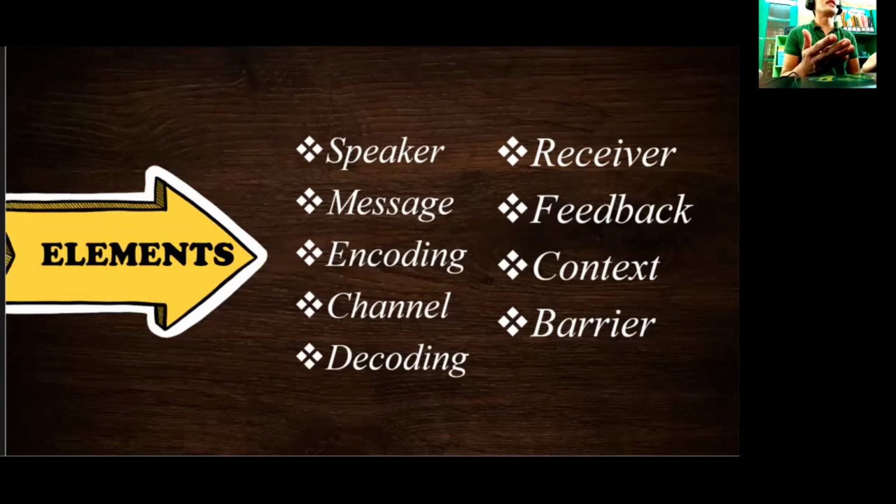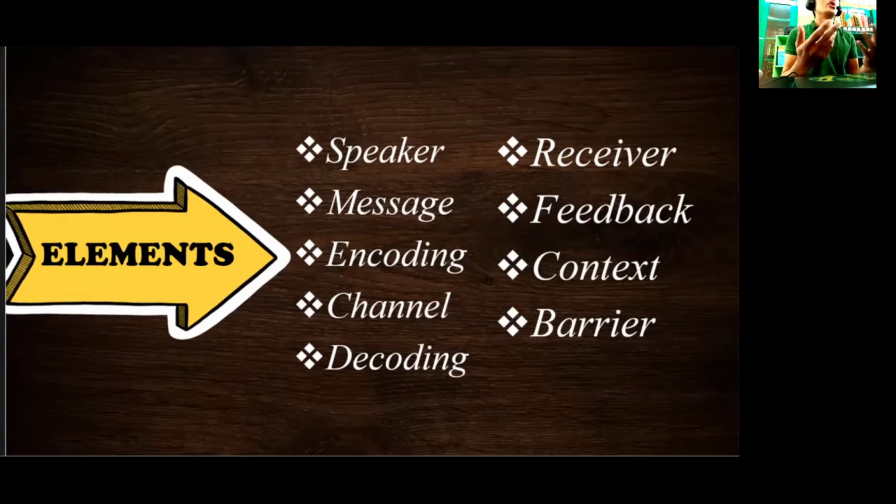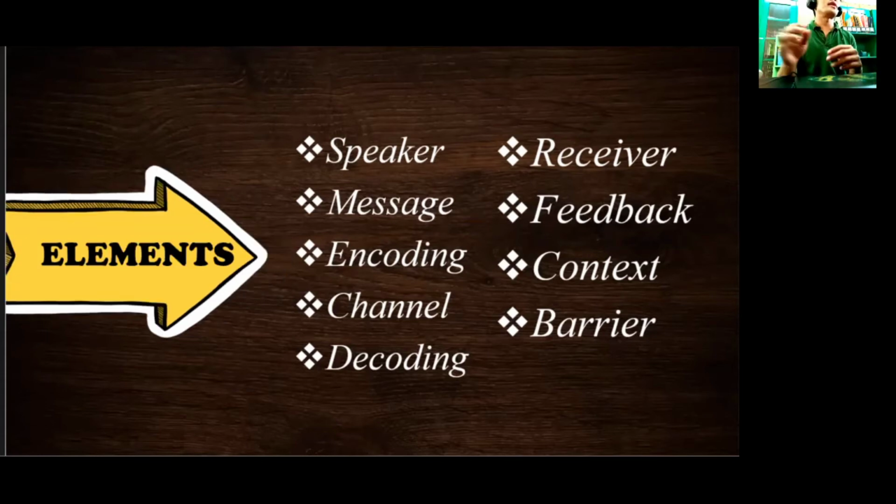So that's the context. Now, the last here is what we call the barrier. The barrier is simply the factor that affects the flow of communication, like the noise, the emotion that you are feeling at that very moment, the use of jargon, or lack of confidence. And these barriers will be discussed in a later part, okay?